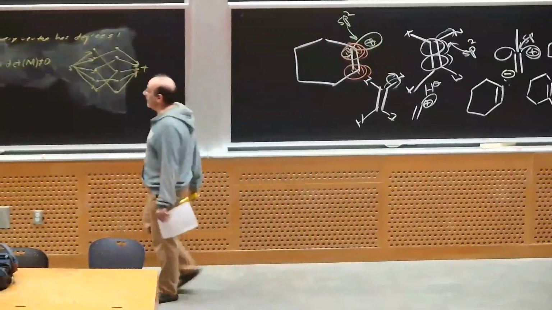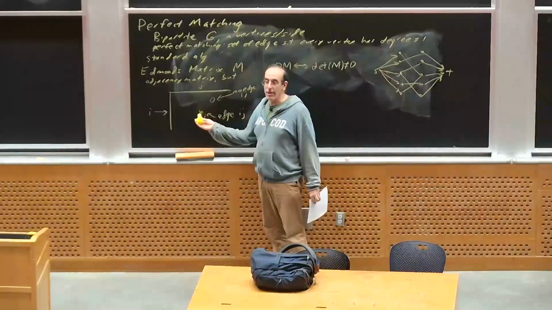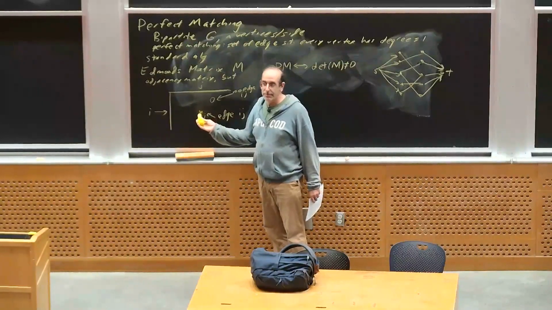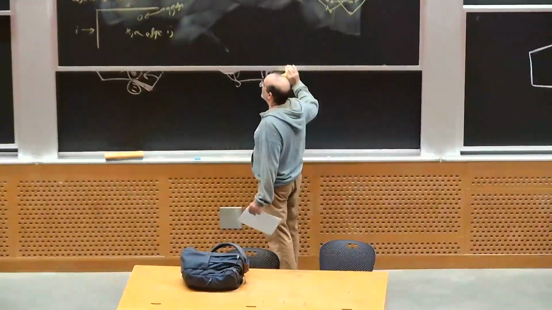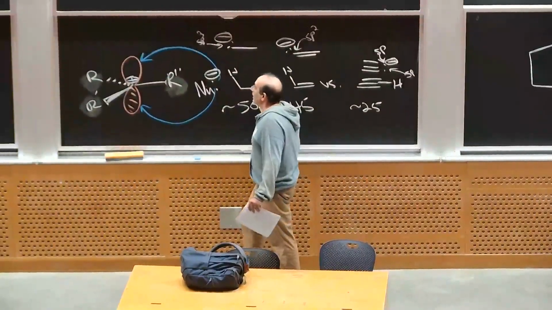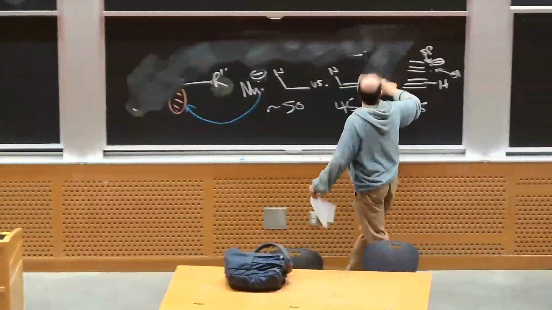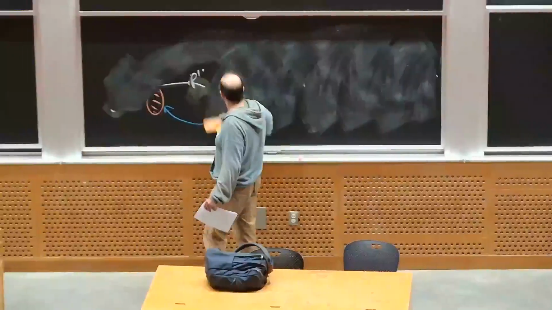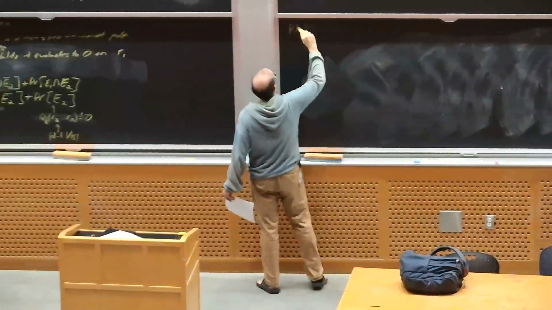Notice that we put a bunch of variables in this matrix, so its determinant is a polynomial. The key result, which I believe is due to Edmonds, but I should check, is that there is a perfect matching if and only if that polynomial is not the 0 polynomial. Okay. What is the proof of this claim?